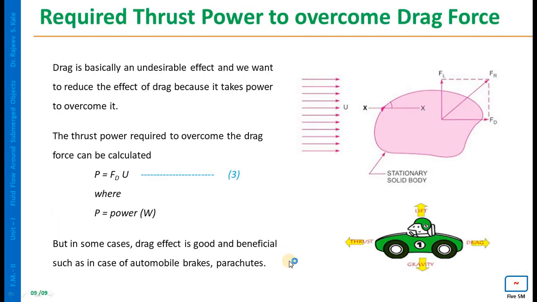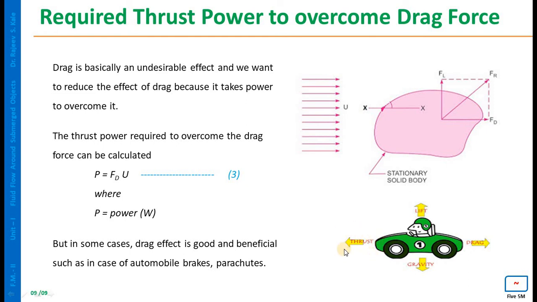You can estimate the thrust also. So while designing the aerodynamic shape of cars, we know that this is the direction of wind, drag force in the direction of motion, lift force perpendicular to the drag force. Now, to overcome this drag, we have to run the car.